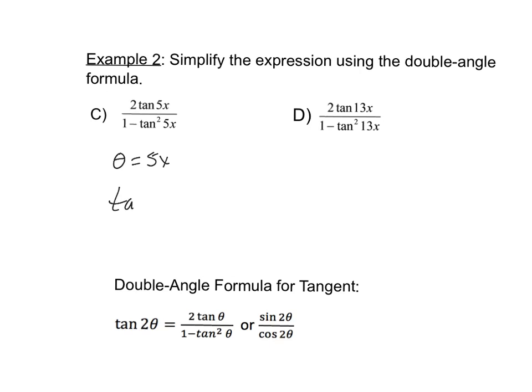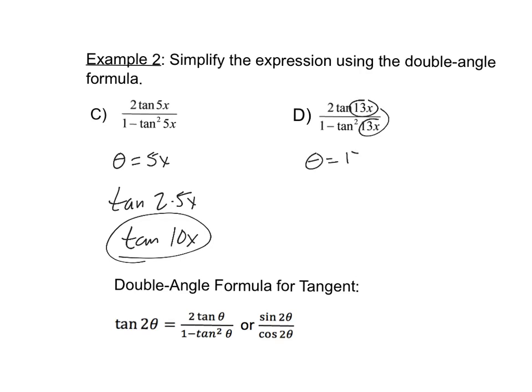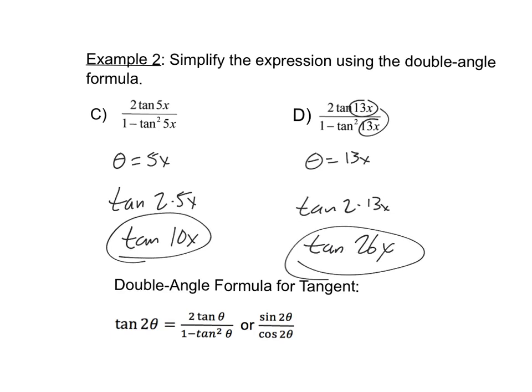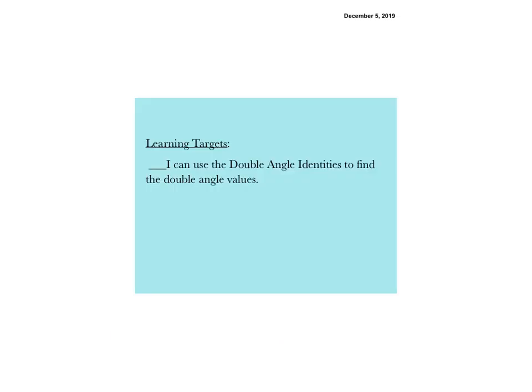So it's a tangent of 2 times 5x. So this is really the tangent of 10x right here. Similar pattern here. Theta is going to equal 13x. So it's really tangent of 2 times 13x. So you're looking at the tangent of 26x. Okay? So you should be able to use both of those.